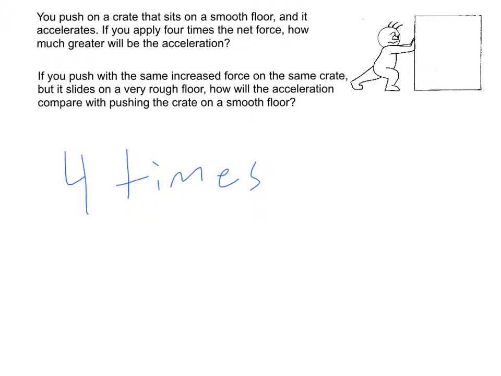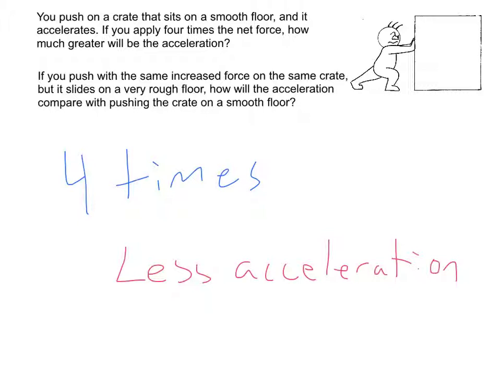In that case, how will the acceleration compare with the crate being pushed on the smooth floor? Well, because we're pushing on a rough floor instead of a smooth floor, it's going to have less acceleration than it did on that smooth floor because friction would reduce that net force.